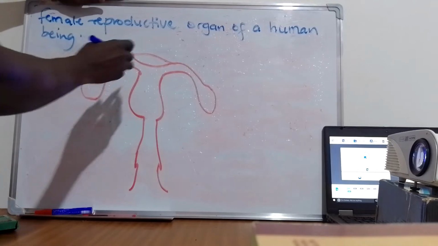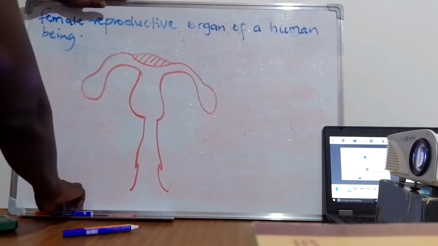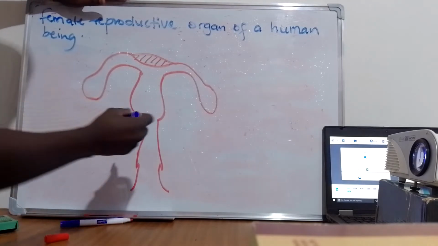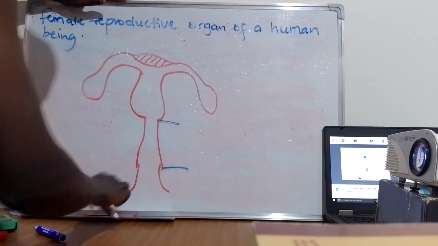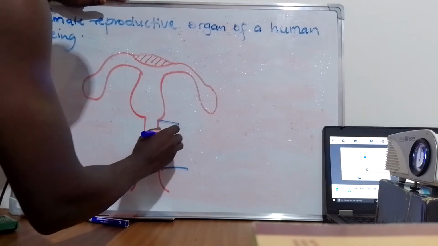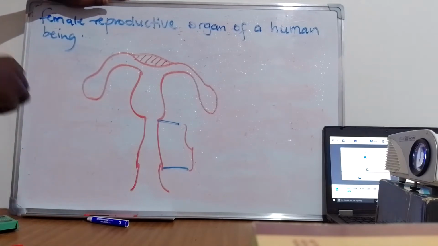Shade here a bit. Simplify. I will have a curve here, from here up to here. Curve it. Now let's look at the parts which make up this organ.